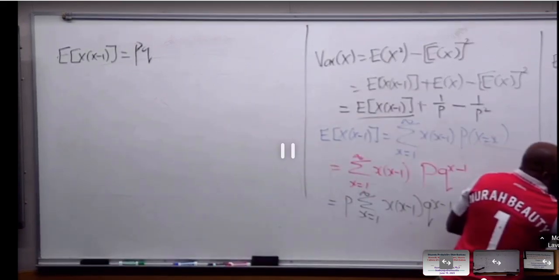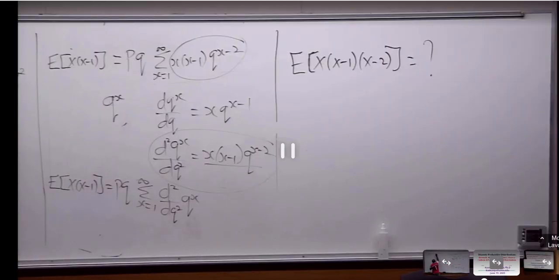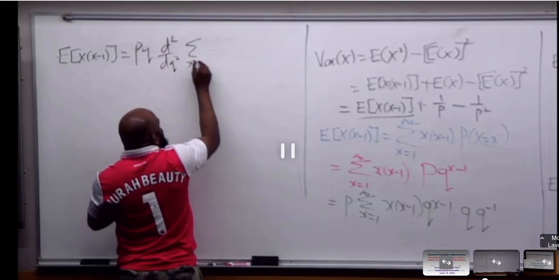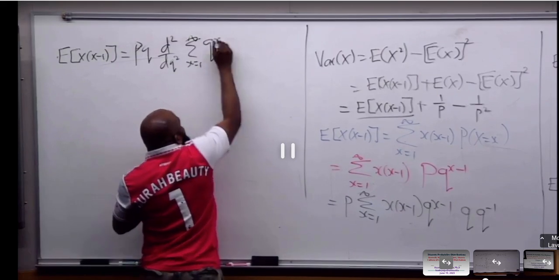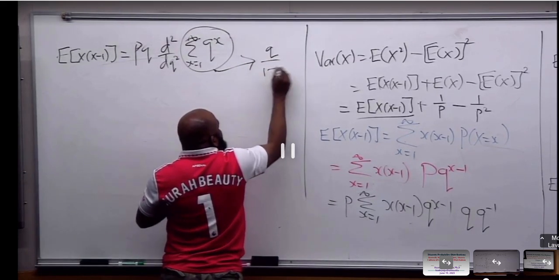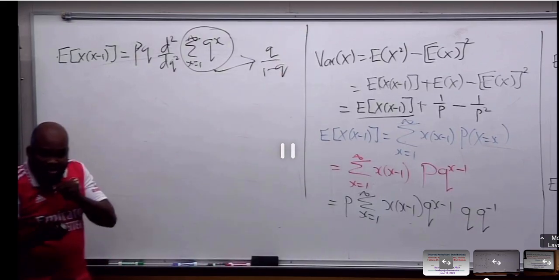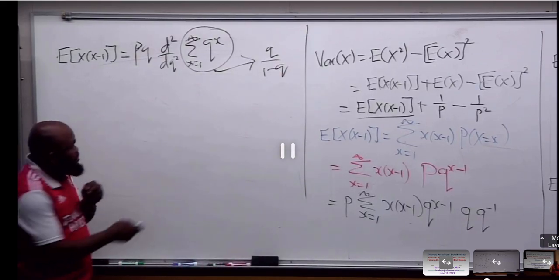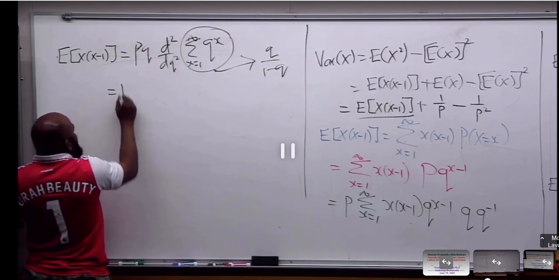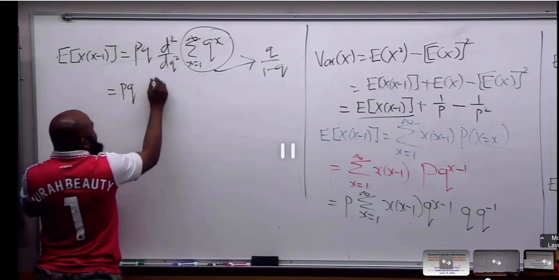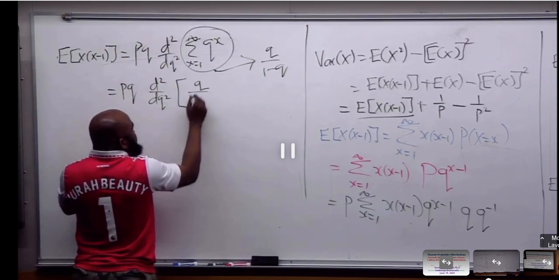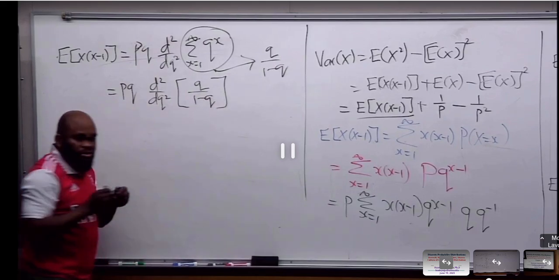Okay? This guy is going to come out. This squared, this q squared, then I'm going to have this. You remember the other time? That guy is this. And you consider sum to infinity, right? That guy is that. So if that guy is that, I'm going to have this. The square, the q squared into q over 1 minus q.